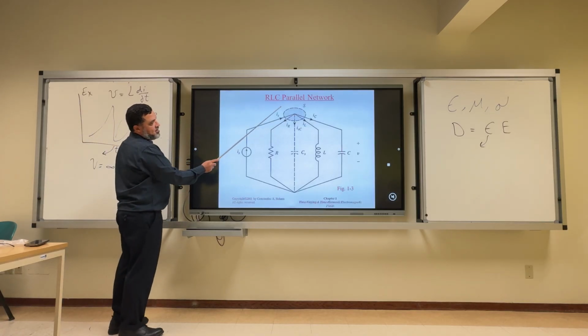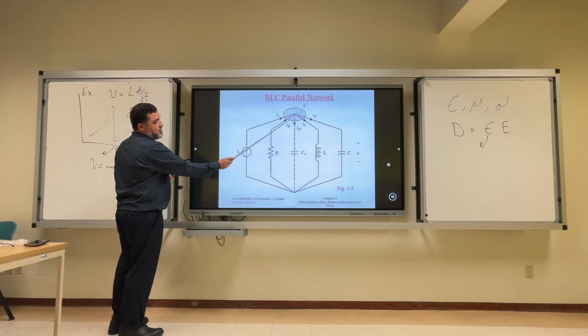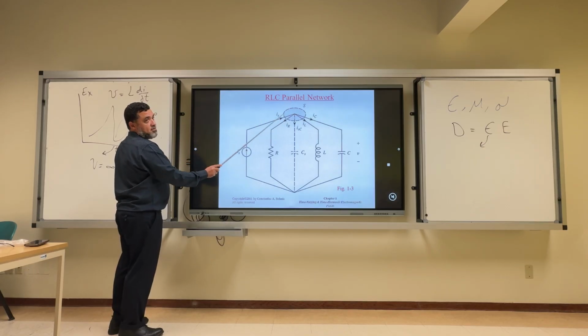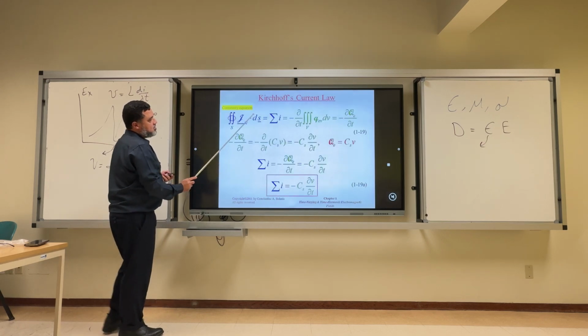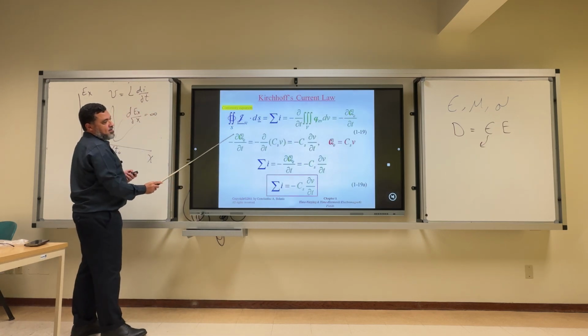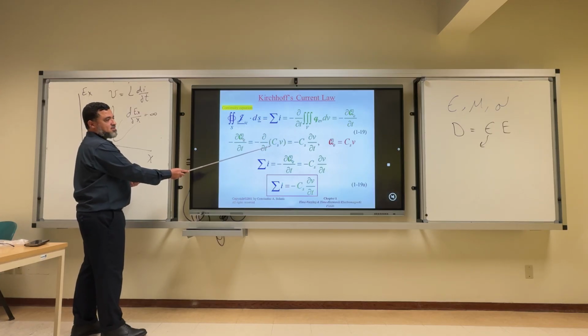This is where the continuity equation is valid. So if you use the continuity equation here, you can assume that the integration of J dS equals the total current here. Now we can replace the enclosed charge by some capacitance, which is a stray capacitance as well.